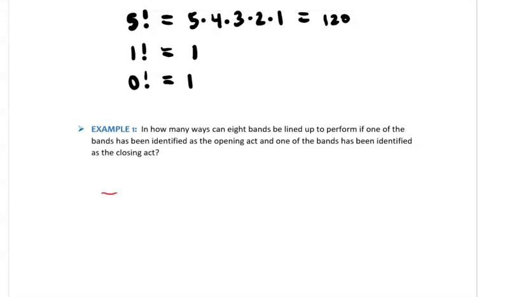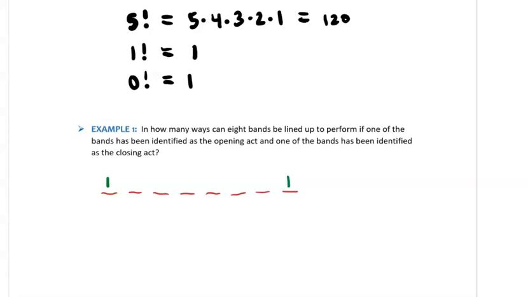So I'm able to draw 8 spaces to represent the 8 bands that will be lined up. One of the bands has been assigned to be the opening act, so there is only one possibility to fill the first spot in the lineup. And one of the bands has been identified as the closing act, so there is one band that will fill the last spot in the lineup.